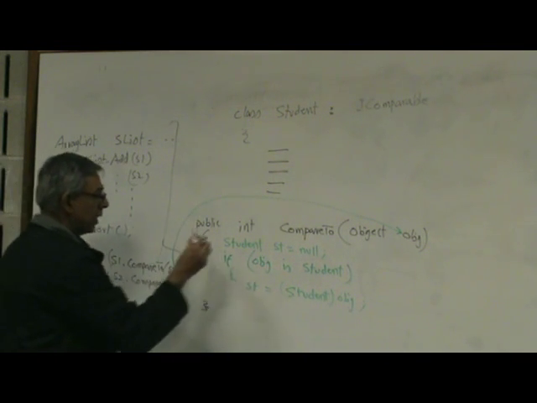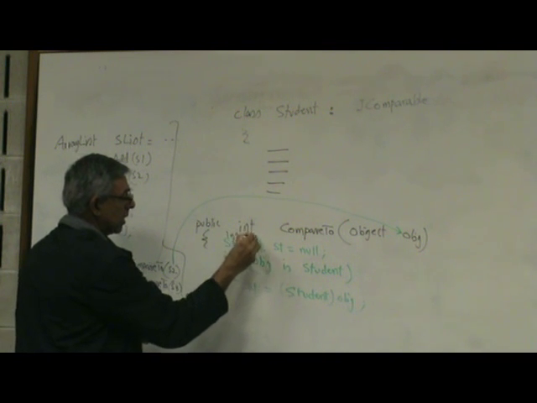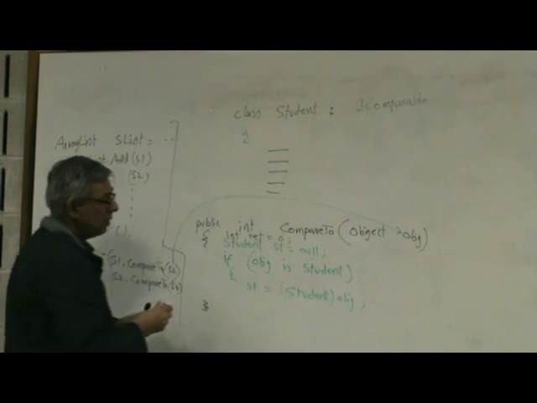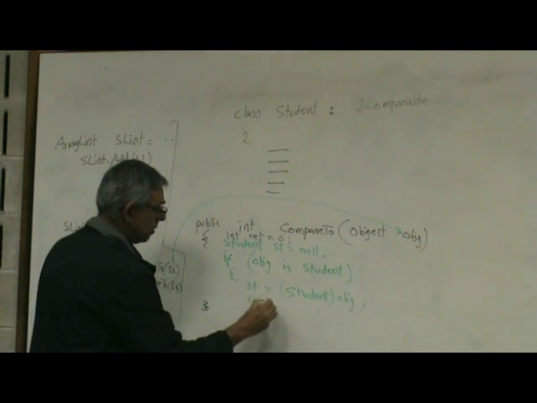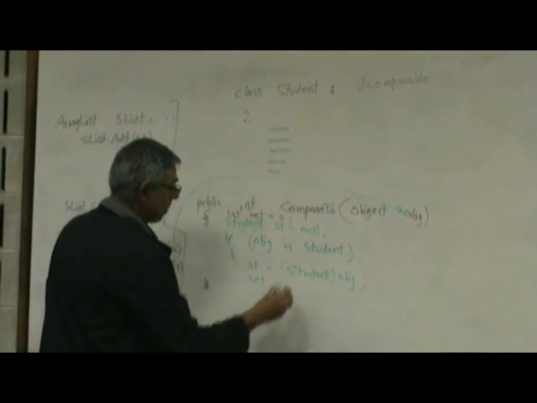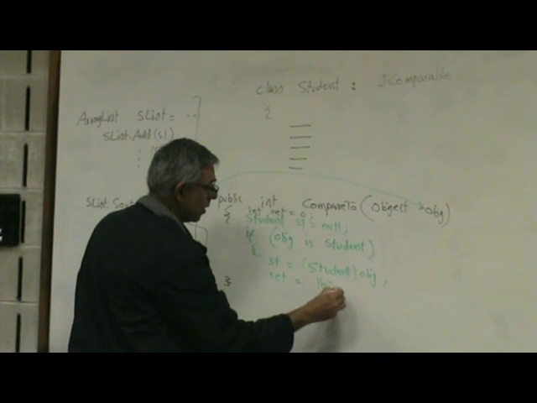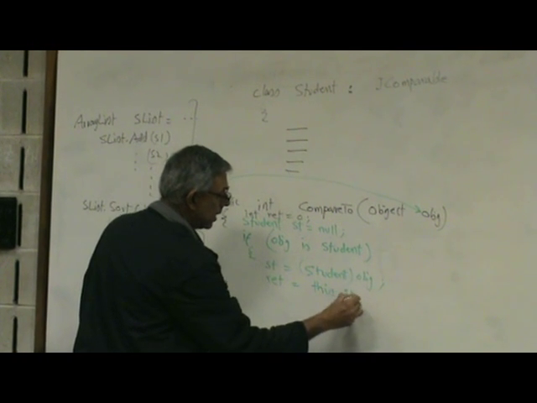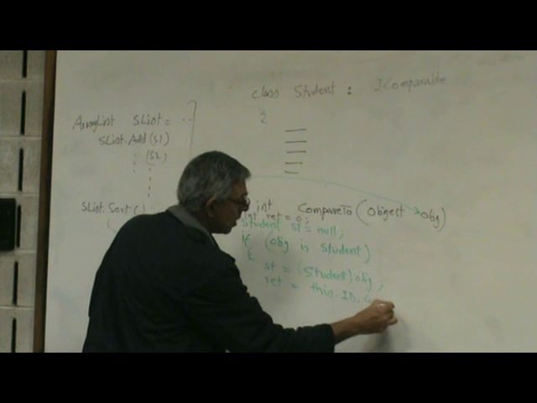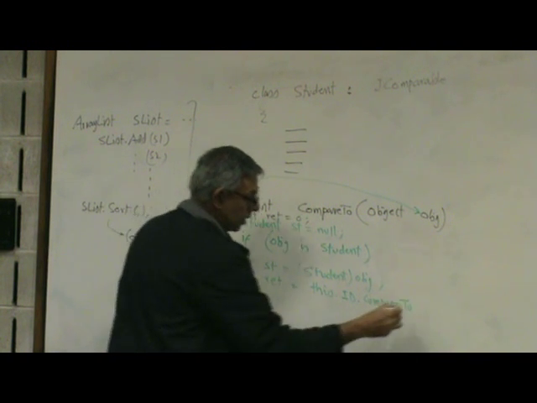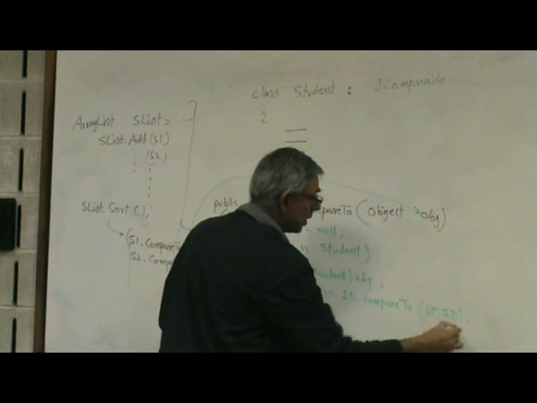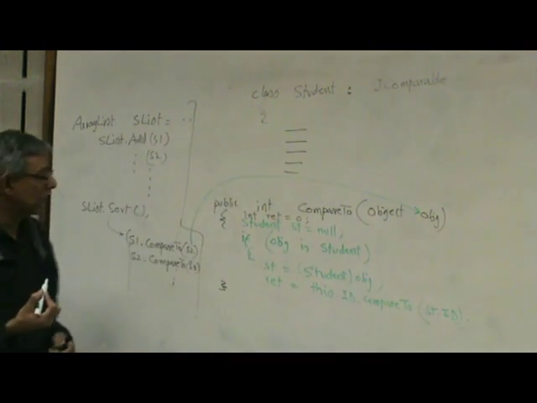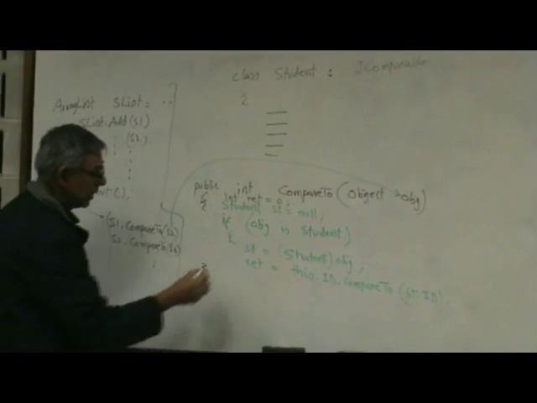And over here, let me also put int ret equal to 0. So now we will do ret equal to this.id.compareTo st.id, correct? So we'll compare the two IDs. Let's pretend we wanted to sort them by IDs, right?